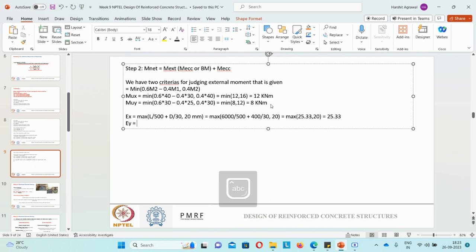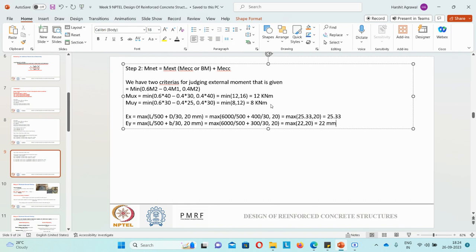Along the y direction it will be the maximum of L by 500 plus B by 30, comma 20 mm. So this is the maximum of 6000 by 500 plus 300 by 30, comma 20, which is the maximum of 22 comma 20. So this will be 22 mm.